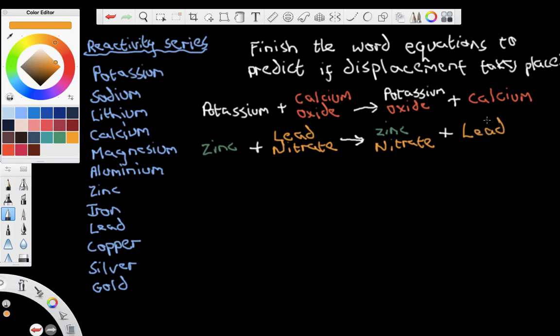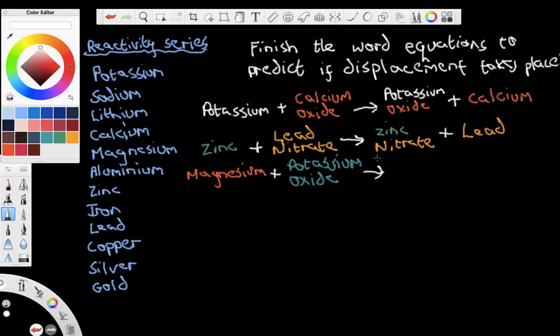Let's try another. So this time I want you to do magnesium plus potassium oxide. Think about this one. Pause the video, have a go at it, press play when you're ready to go over the answer. Okay, so you should have had a go at that. So this one's a bit more difficult.